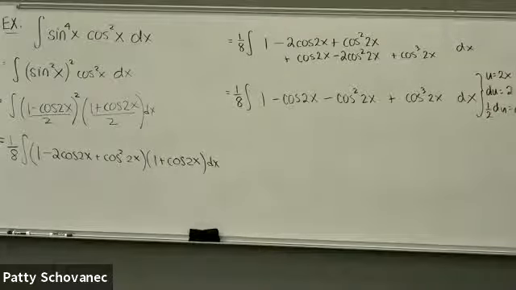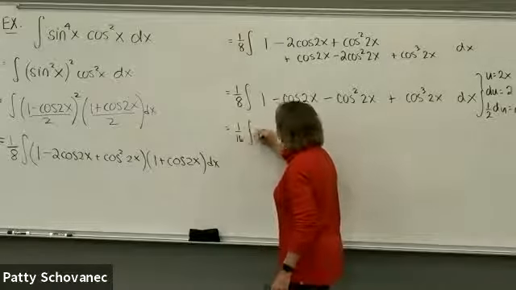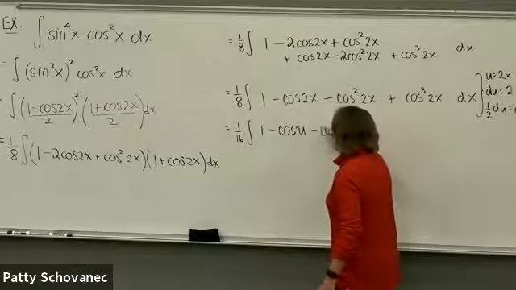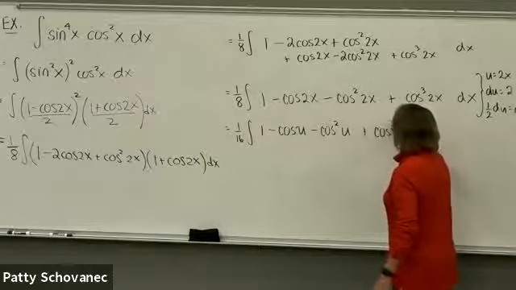Let's rewrite that integral in terms of u. Take this half out here, and I'll get 1 over 16 times 1 minus the cosine of u minus the cosine squared of u plus the cosine cubed of u.